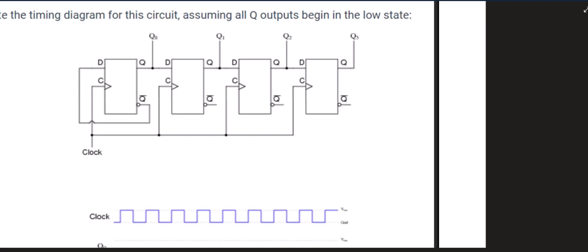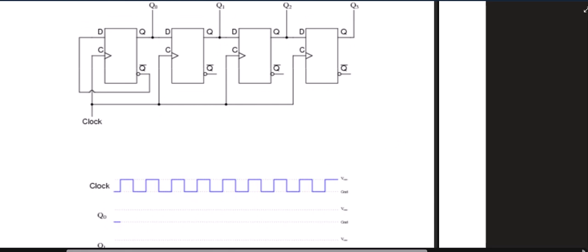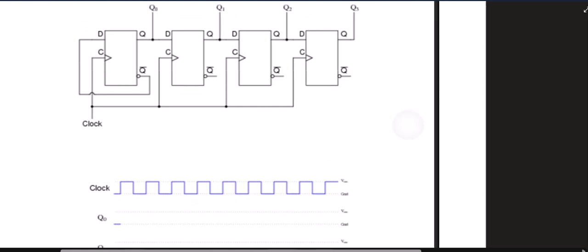Dr. Tahan likes to order them in the other direction. And there's reasons why people do it in one direction or the other. But so we're going to start with Q0, which is right here.